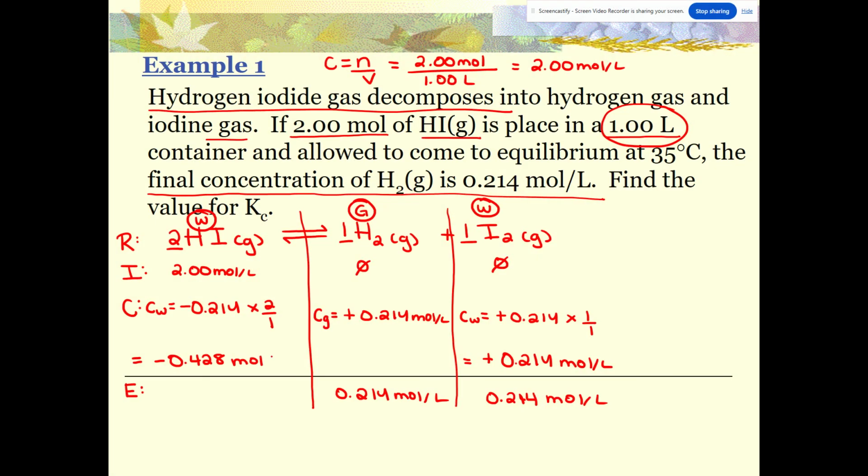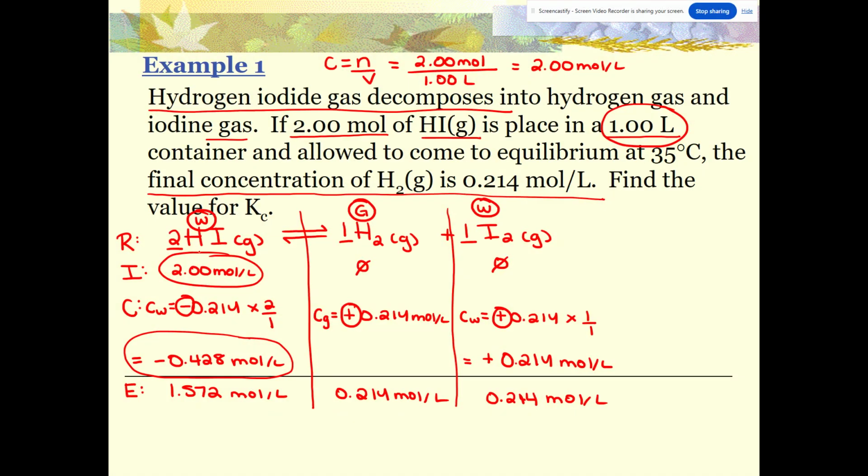Again, products always go up, reactants always go down. Now I take my initial concentration and apply the change. The change is to subtract because it's going down. So 2 minus 0.428 gives me an equilibrium concentration for my HI of 1.572 moles per liter.